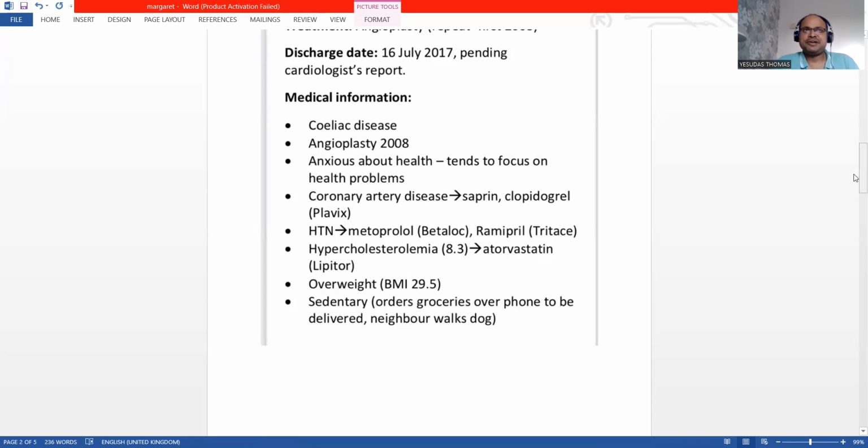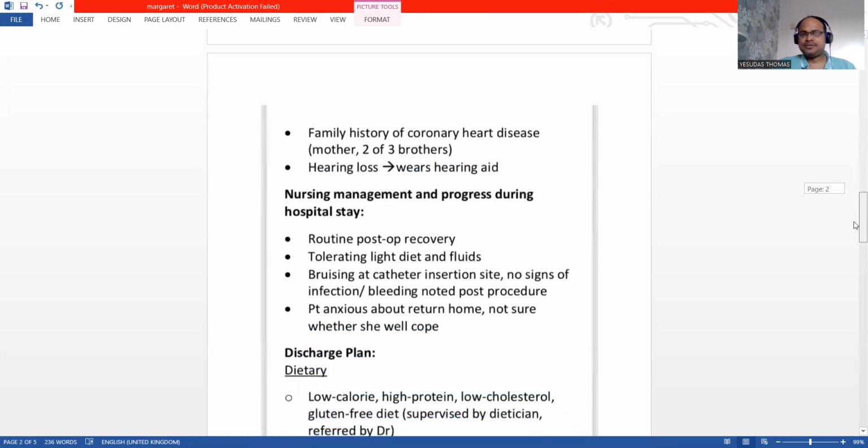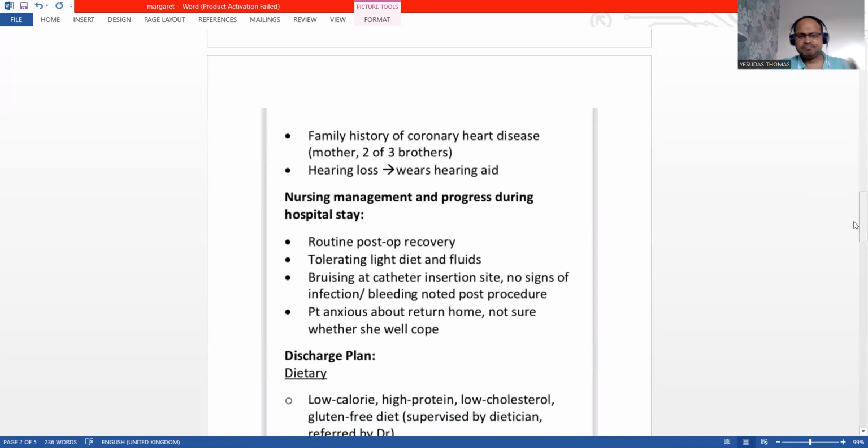We need to briefly outline what has happened to Miss Martin, why she was admitted to our hospital, what was done, and what's the condition right now. But we have to say in the past medical history something relevant: hypertension, hypercholesterolemia, overweight, all these things we can say. We don't need to say family history of CAD.